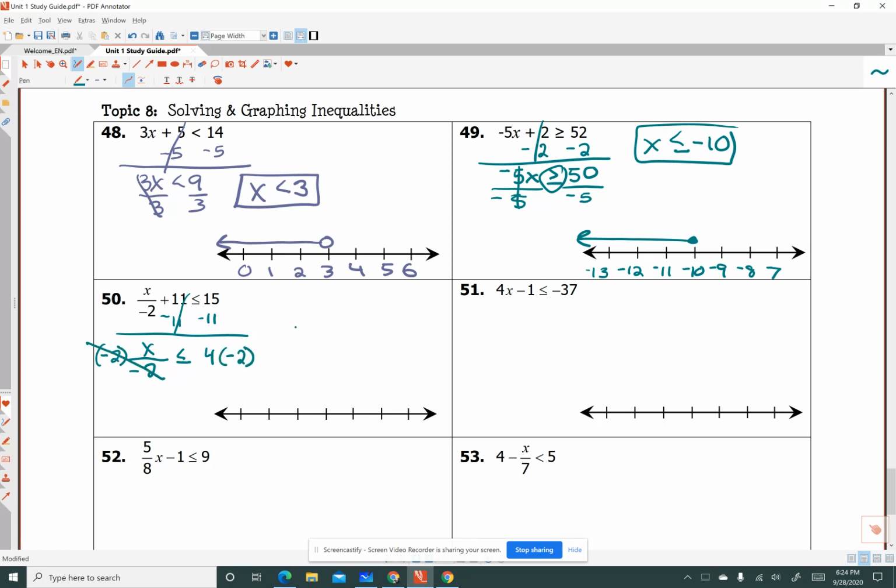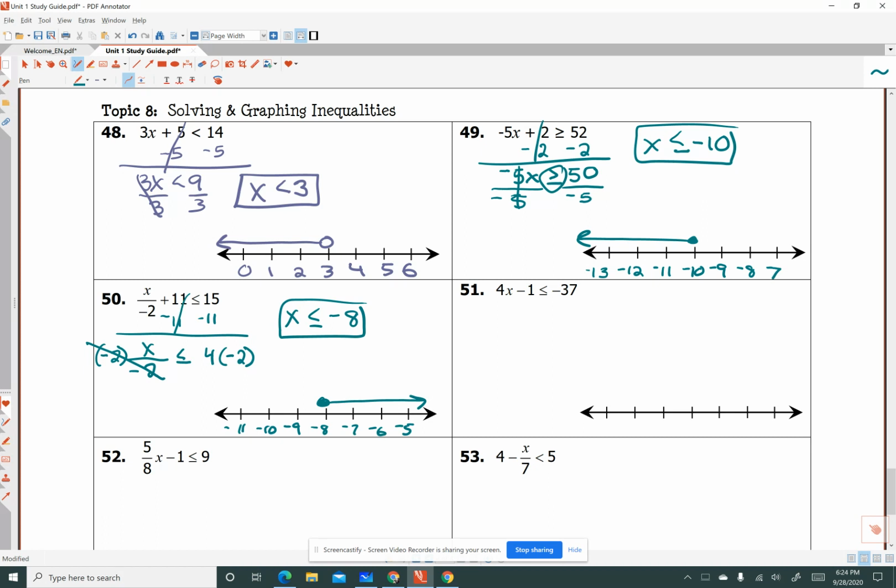So now we're going to have x is less than or equal to negative 8. That's a final answer. And let's see, I'm going to do negative 11, negative 10, negative 9, negative 8, negative 7, negative 6, negative 5, and a closed dot on negative 8. We'll graph in this direction.